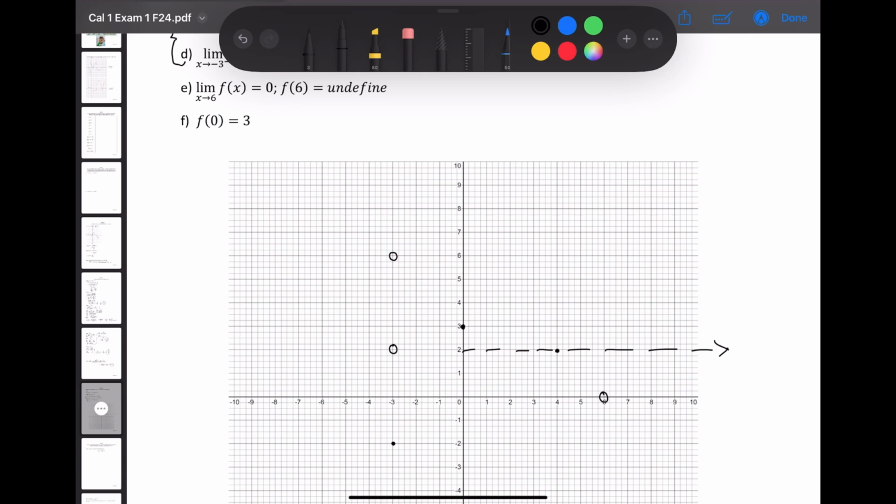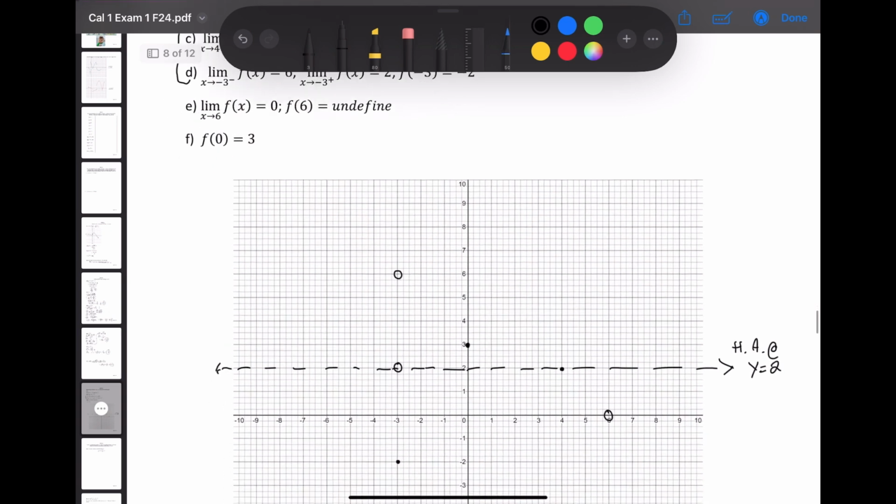So this is hard to see. And we're going to go ahead and label. Y equals 2. I don't know why I took forever to answer.